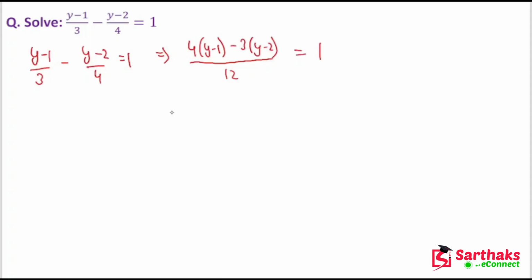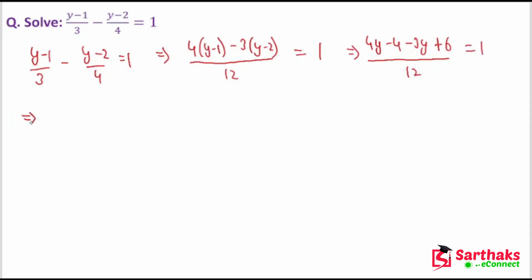Okay. You had another way. Since the LCM was 12, you could easily multiply both sides by 12 here also, but we chose to take the LCM so that I can take you through a different method, right? So here we will get 4 into y minus 4 minus 3 into y, and this minus 3 will multiply by minus 2, which will become plus 6, whole upon 12 is equals to 1.